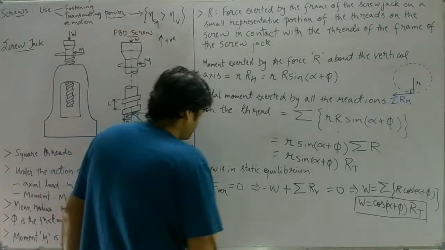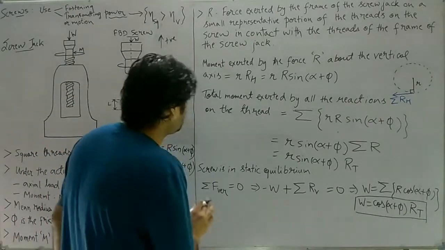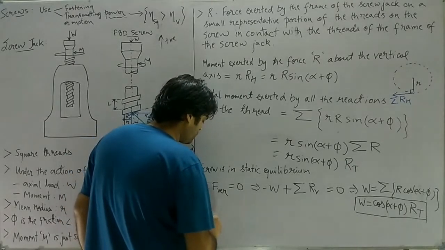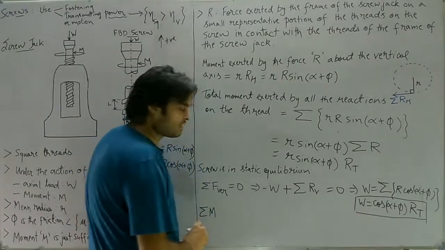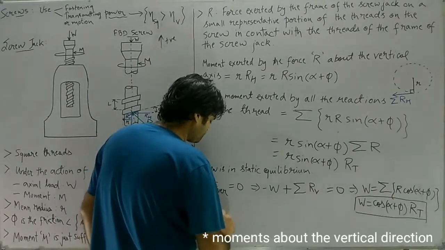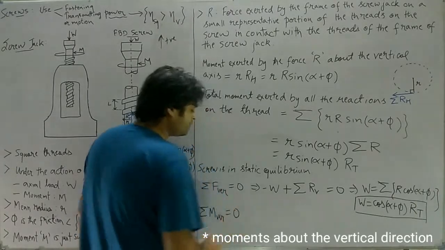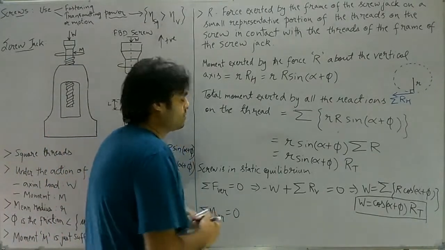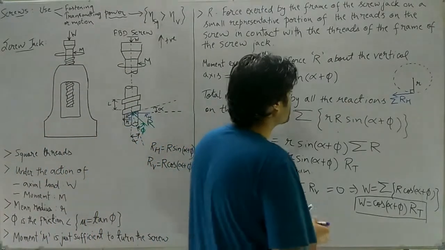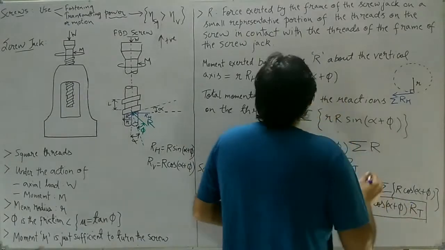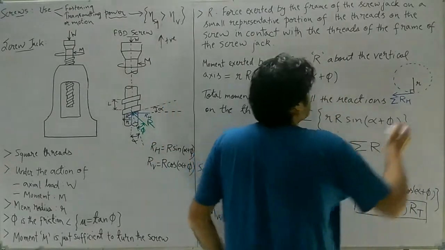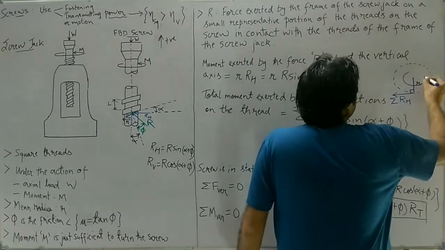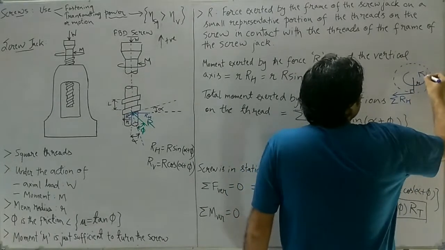Okay, now as the screw is in static equilibrium, we can also say that the summation of all the moments in the vertical direction should be equal to 0. Now we see here that the moment M, if we view from the top, is counterclockwise like this.